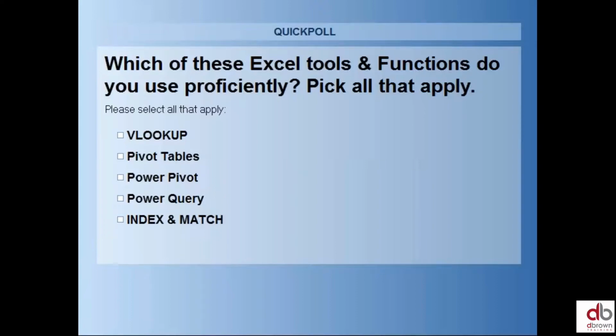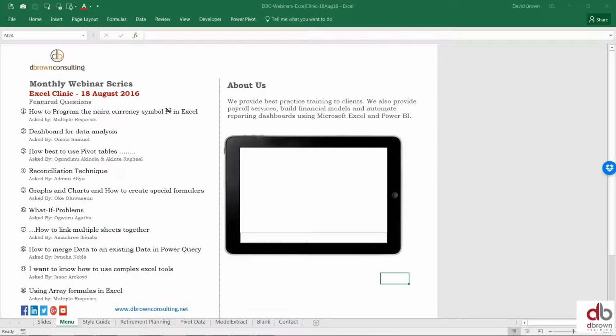That's super. All right. So I think we've got in the results. I'm going to close the poll now. So 50% of you have used pivot tables, 18% Power Query, 18% INDEX and MATCH, 9% Power Pivot, and VLOOKUP, over 73% of you have used VLOOKUP. Excellent. So let's get back to our webinar.